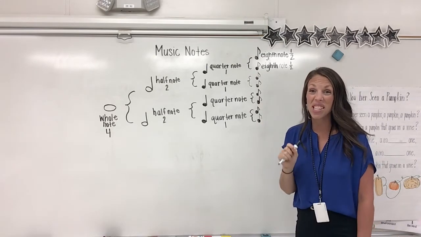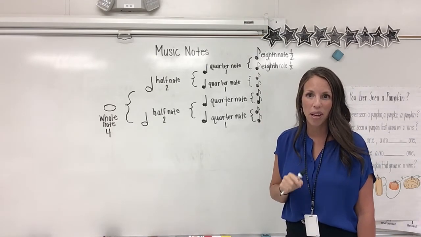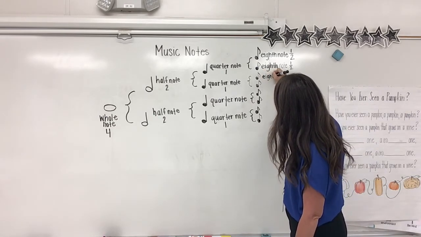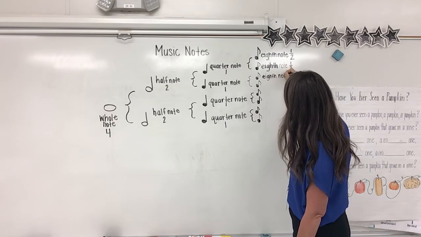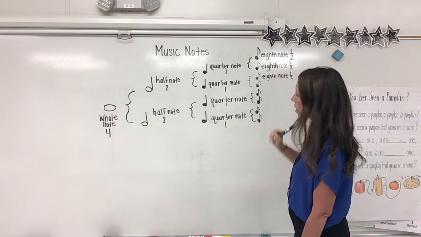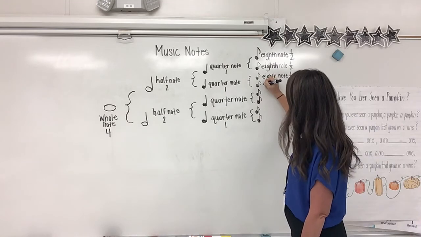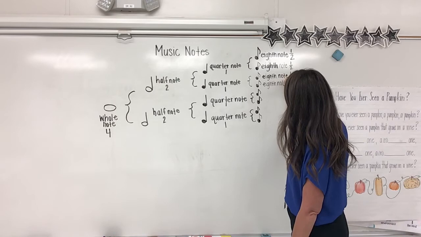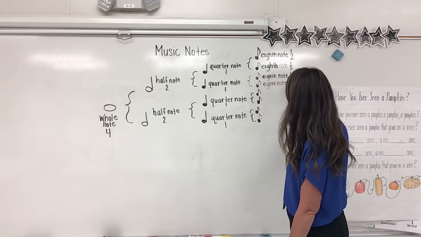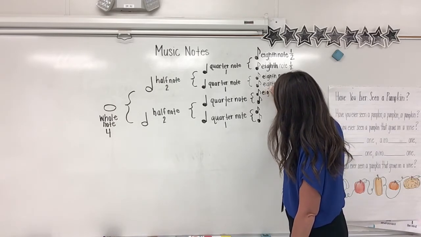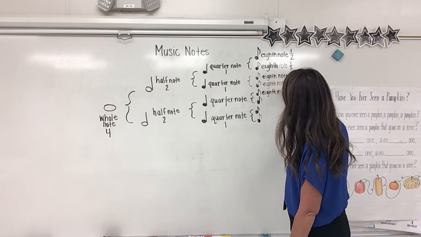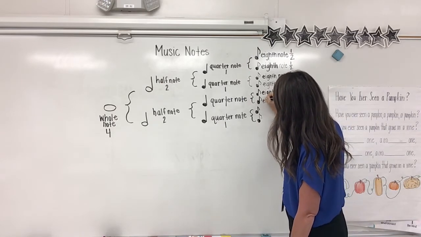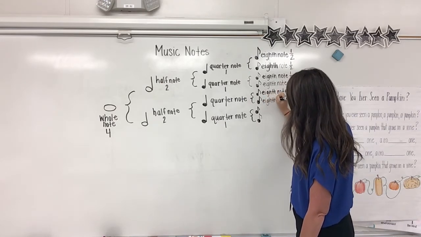And then remember, it's important to keep writing in that vocabulary. So we're going to write in eighth note, and then we'll write in 1/2 because it gets half a beat. And we will continue to do this for each eighth note. And make sure you are doing your best work the entire time you are writing all of this information in.